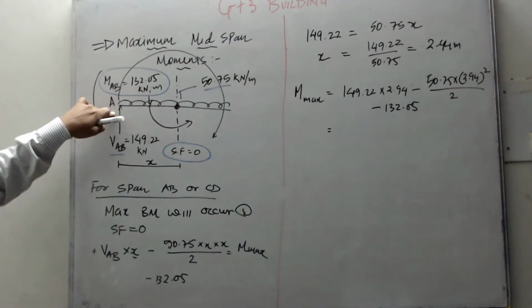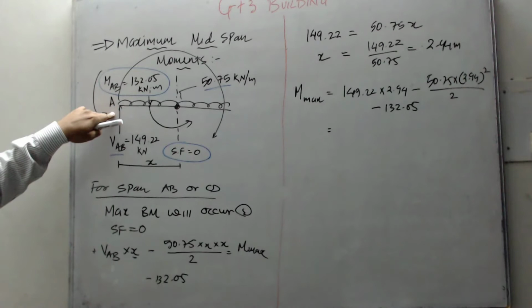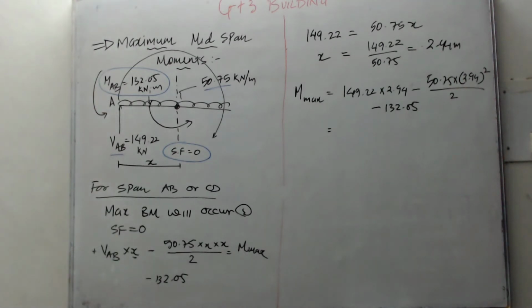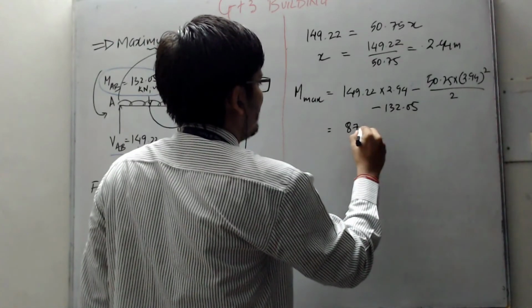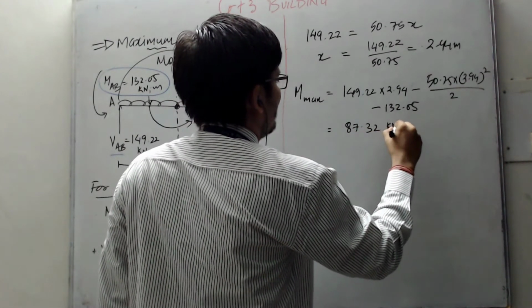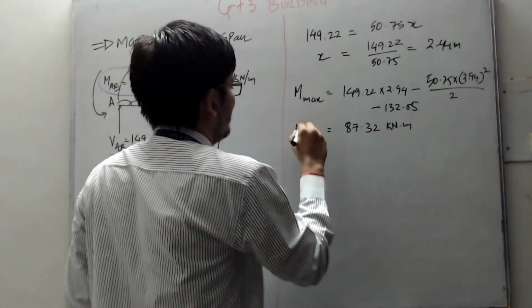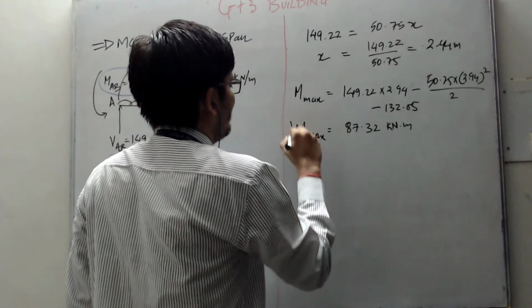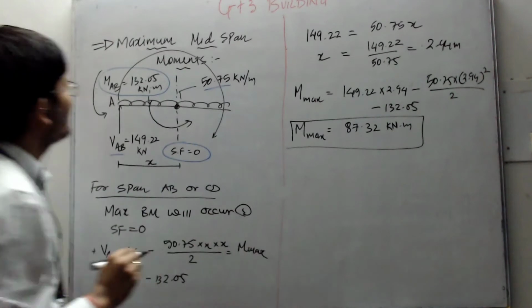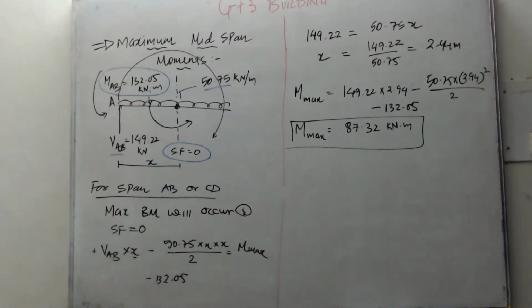If you solve this, you will get your final answer as 87.32 kilonewton meter, the maximum bending moment in span AB or CD. This is the maximum bending moment that we got.